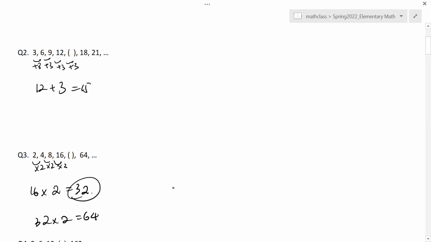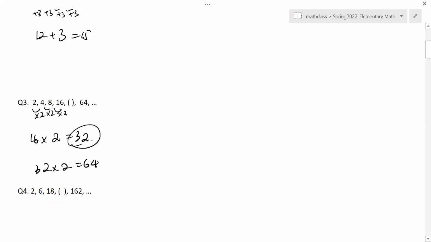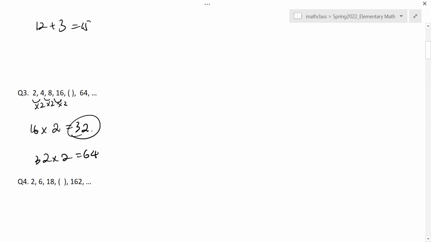All right, let's move on to the next problem. Here it's 2, 6, 18, then a number missing, and then you get 162. Can you do this problem?